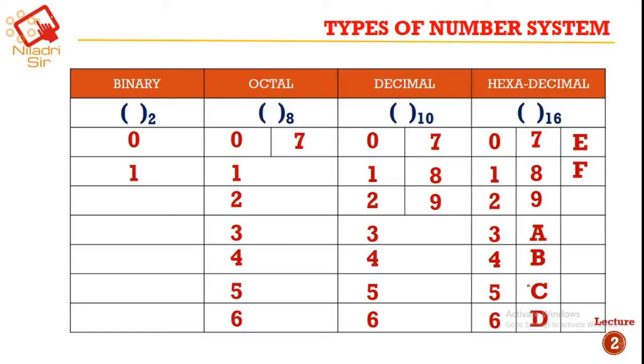So these are all the representations of the four number systems: binary, octal, decimal, and hexadecimal. In binary, only two digits are used to represent the whole number system. In octal there are 8 digits, in decimal it is 10, and for hexadecimal it is 16.